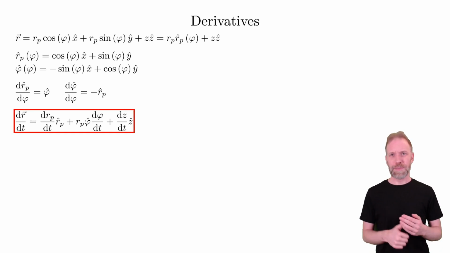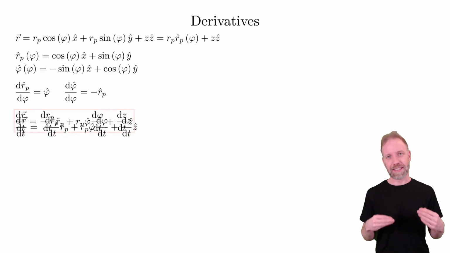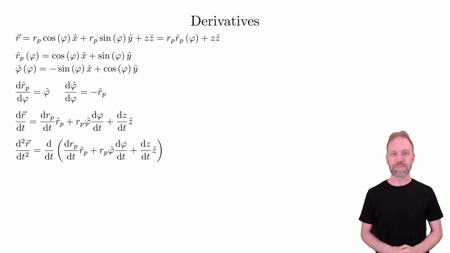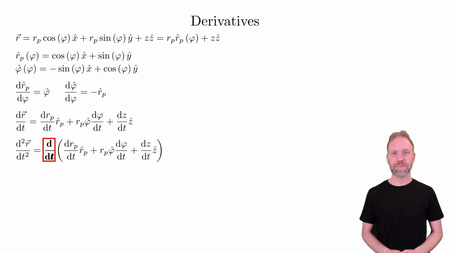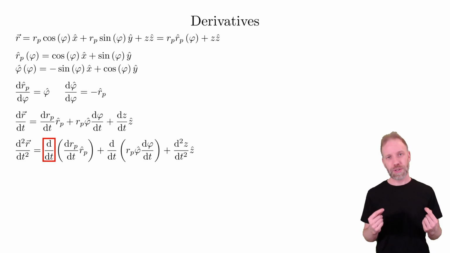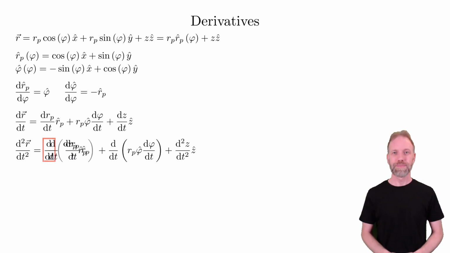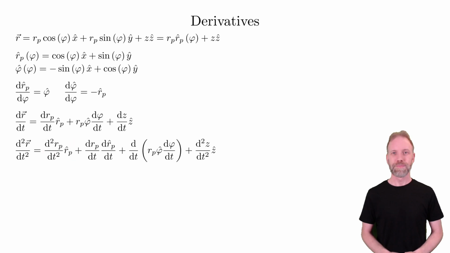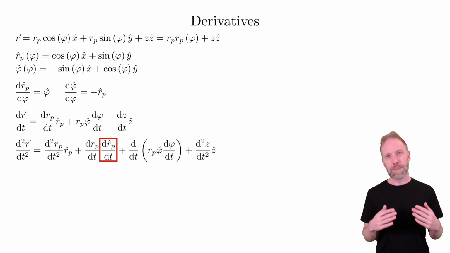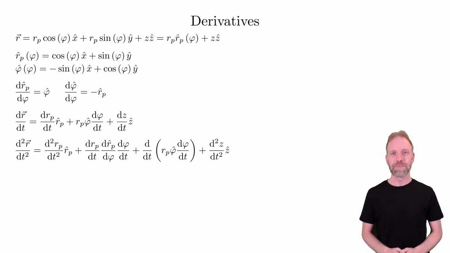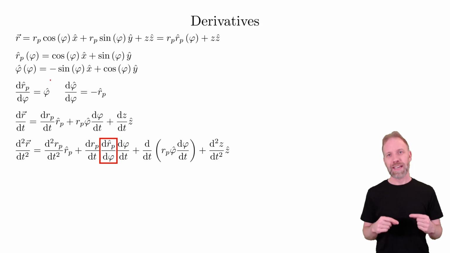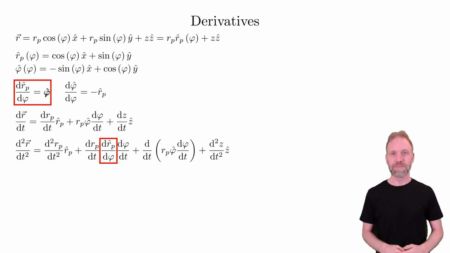Let's take the time derivative once more and calculate the acceleration as well. Distribute the derivative. Apply the product rule. Use the chain rule by multiplying and dividing with d phi. And insert that d rho hat d phi is phi hat.